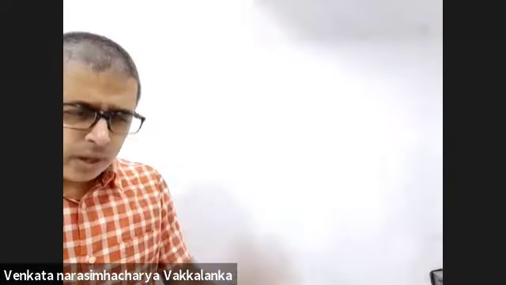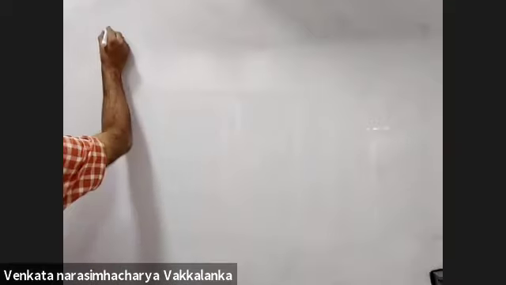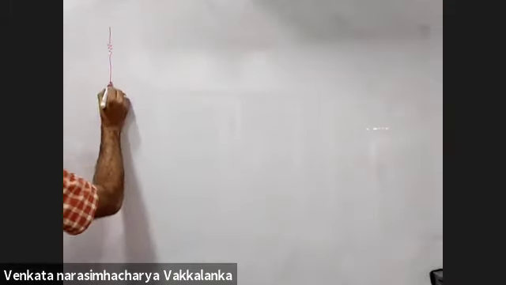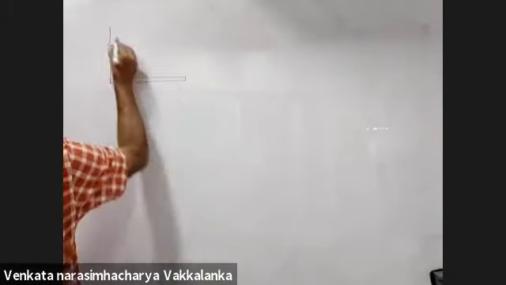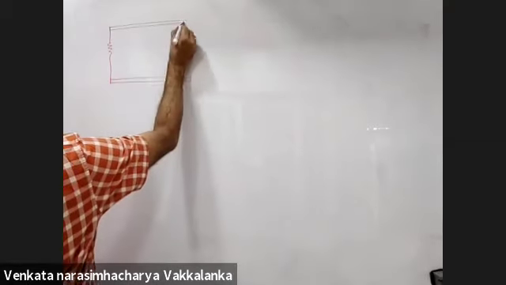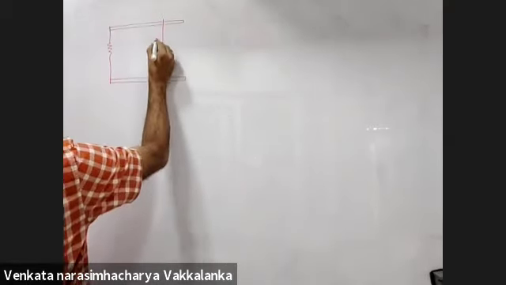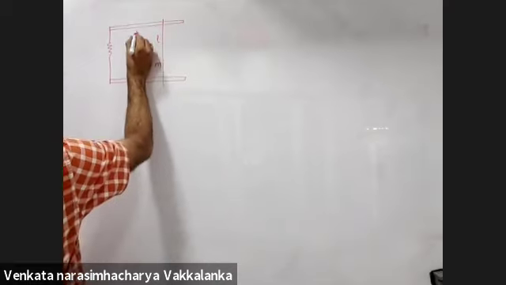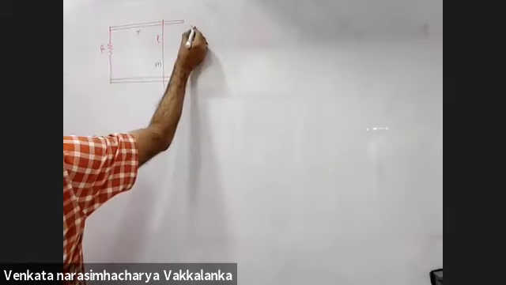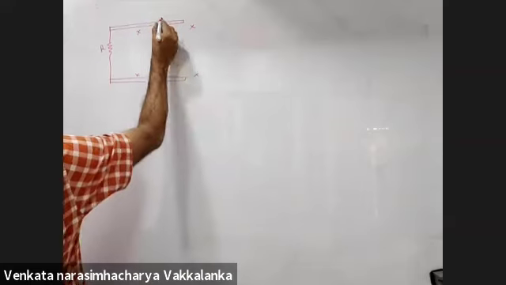Now the next point is quite important. From here you are laying the foundation for a huge concept. This is L, M, this is resistance R, you have a magnetic field.